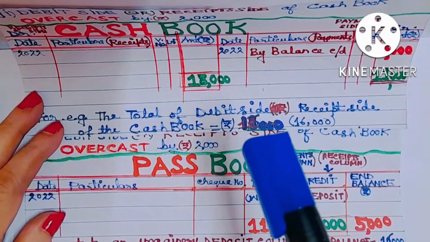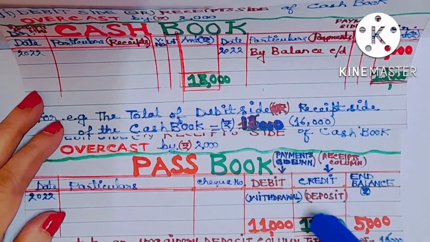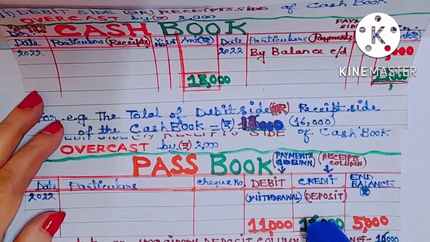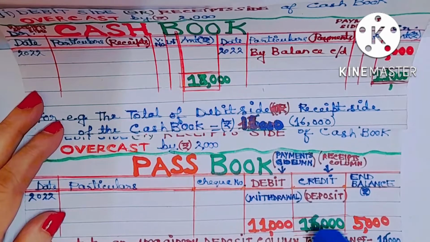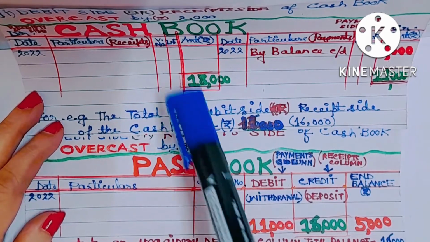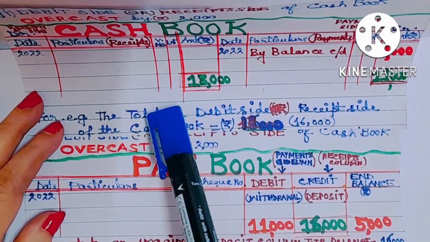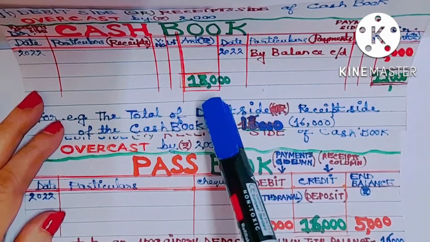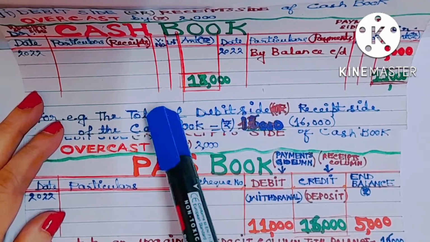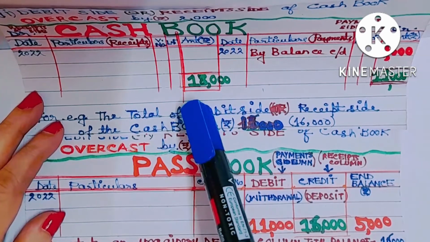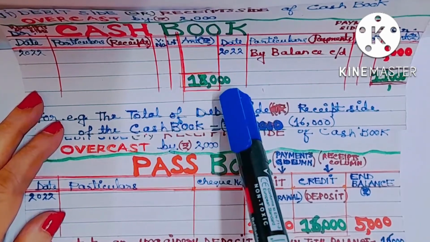But the credit column or deposit column of passbook is equal to 16,000, which is correct. But the total of debit side or receipt side of cash book is 18,000, which is wrong because the debit side has been overcast by rupees 2,000 by the businessman. Understood?